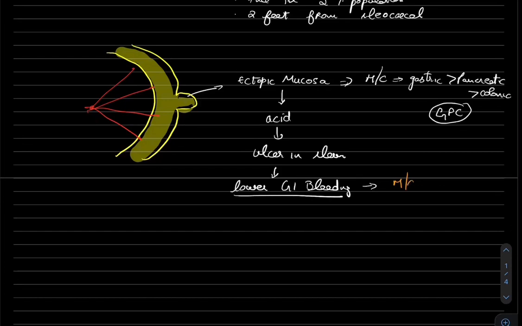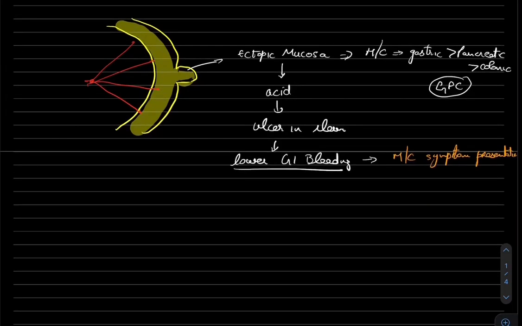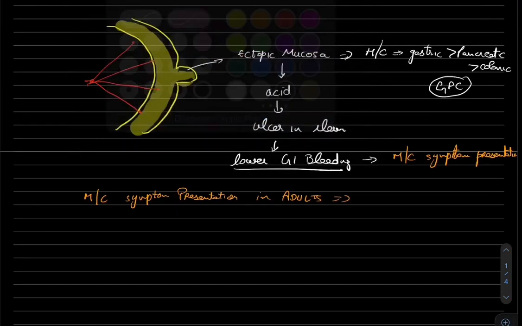It's the most common symptom if they ask you the presentation, that is GI bleeding. Now, the most common symptom presentation in adults is abdominal pain.